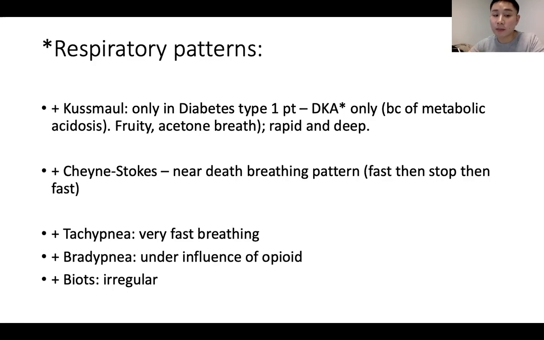Next, we have bradypnea. Usually patients who have bradypnea, meaning slow breathing, are under the influence of opioids, because opioid analgesics cause CNS depression, central nervous system depression. When the central nervous system is depressed, the breathing pattern and the respiratory drive are also suppressed.